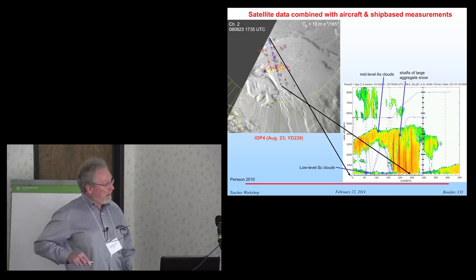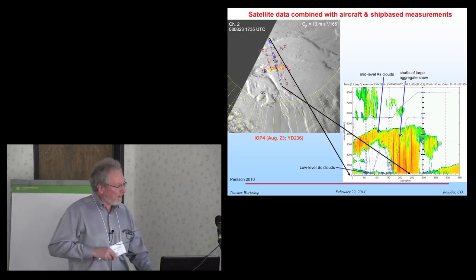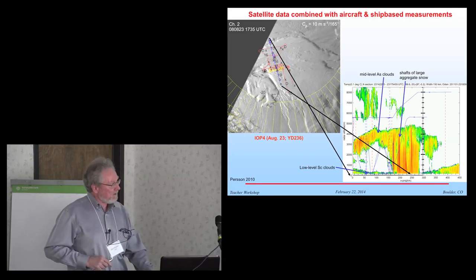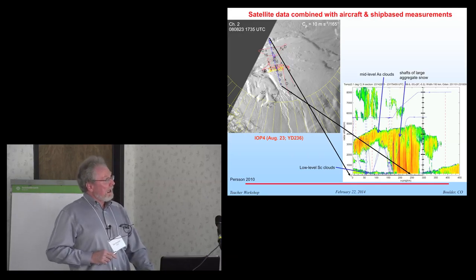And so we can get, for instance, a satellite image here, and detailed information from the track of the aircraft, which is the blue line in this part image here. This is the cloud radar image, showing, for instance, these precipitation shafts of snow through this deeper cloud system here. So that kind of detailed information you can get by combining data sets.